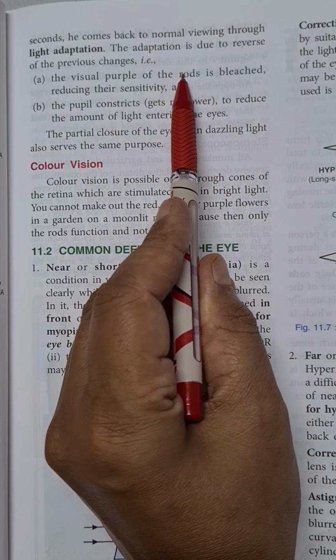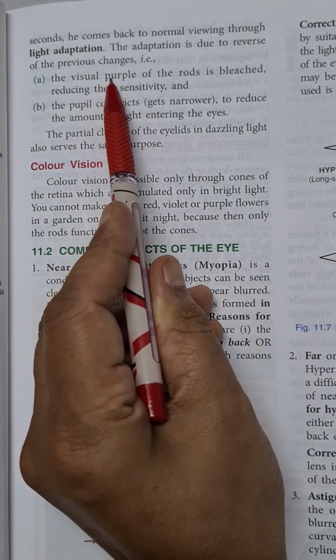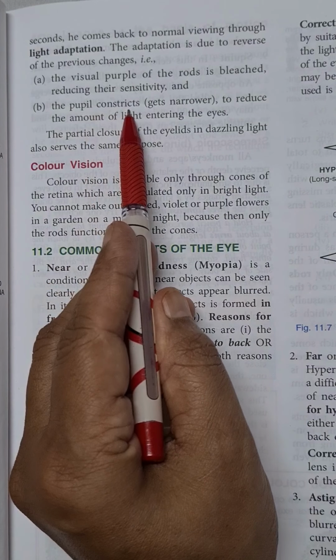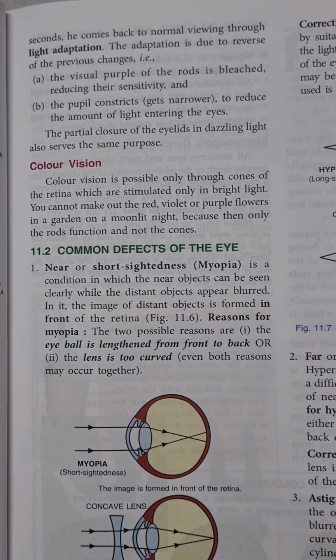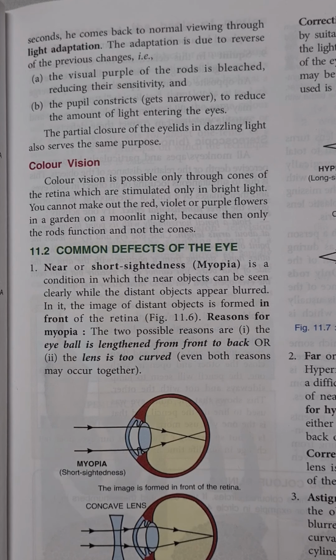It is degenerated because this pigment works only in dim light. And another change, the pupil constricts, meaning it gets narrower to reduce the light entering the eyes, so less light can enter our eyes.